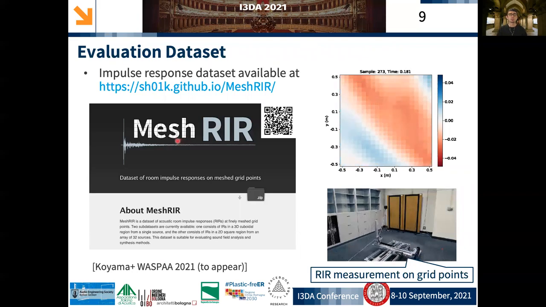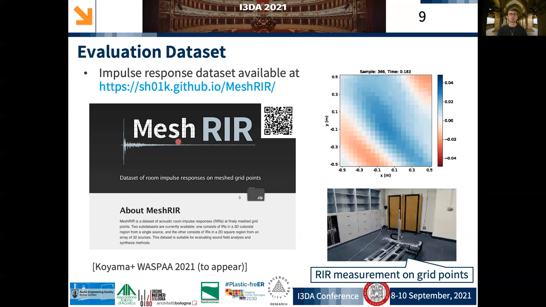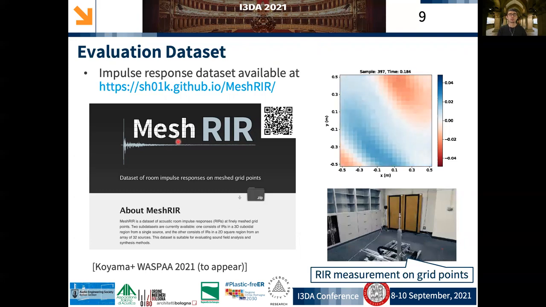The main feature of this dataset is that the impulse responses at finely discretized grid points are available, so it is suitable for evaluating sound field recording and reproduction methods. This is a wave motion visualized by this dataset, and impulse responses at each measurement point were obtained by using this Cartesian robot equipped with an omnidirectional microphone.